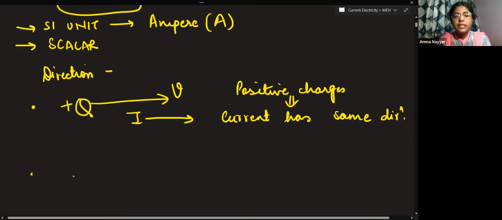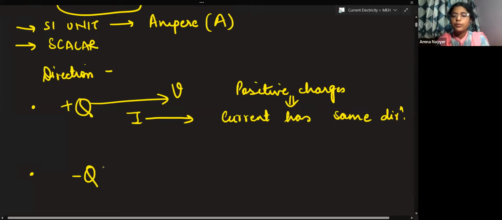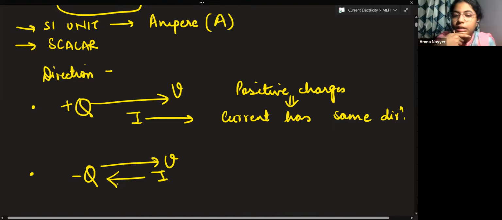Now regarding negative charges, all those negative entities like electrons. Especially this is valid for electrons, because in current electricity throughout we'll be focusing majorly on electrons. So negative charges like electrons, if they are moving towards the right-hand side with some velocity v, the direction of current becomes opposite. The direction of current goes in this way, meaning it will be opposite to that of motion.